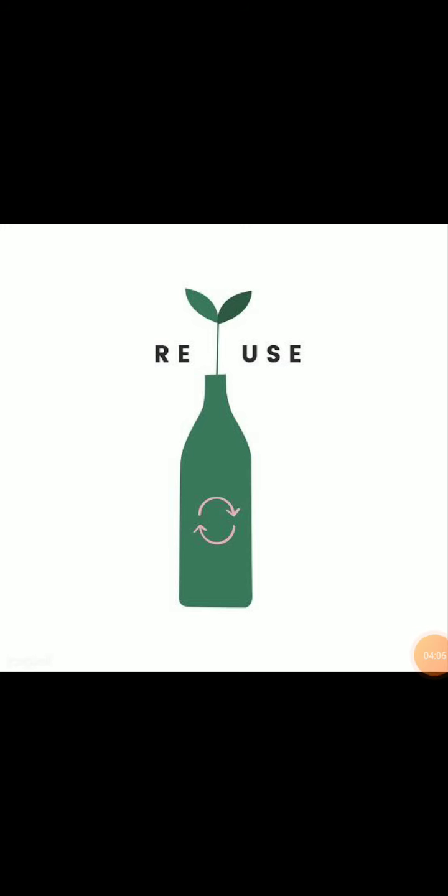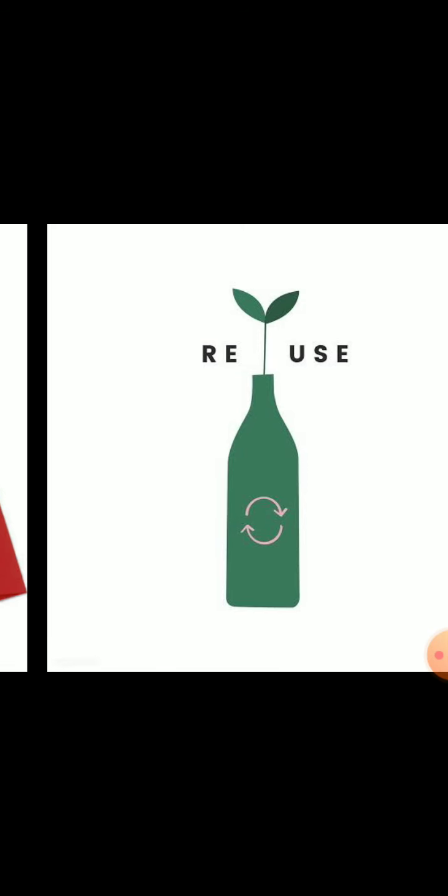So for this reuse R, you will remember that you simply use the things again and again. For example, instead of throwing away used envelopes, we can reverse them and use them again.